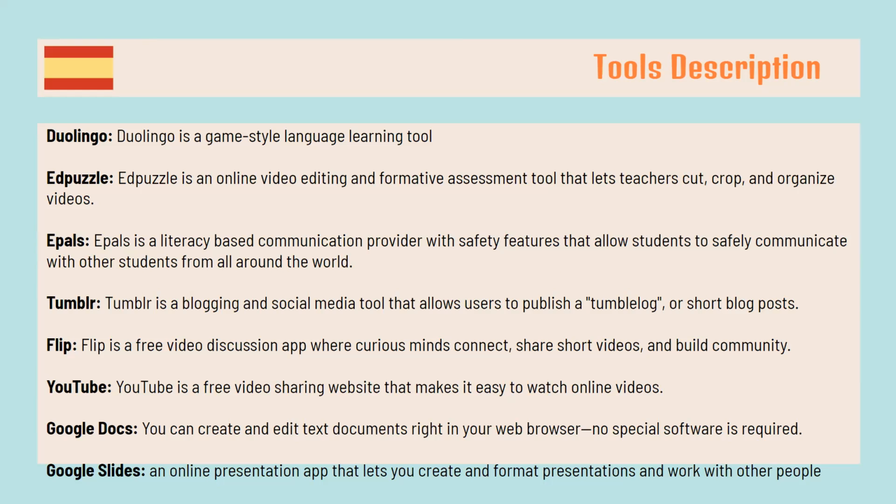What I've been doing is aligning Duolingo to my class lessons and units, so my students were able to practice activities related to our class. For example, at the beginning of the school year, we were using ser to describe ourselves. Duolingo had a unit with ser, and students were able to practice using the verb ser.